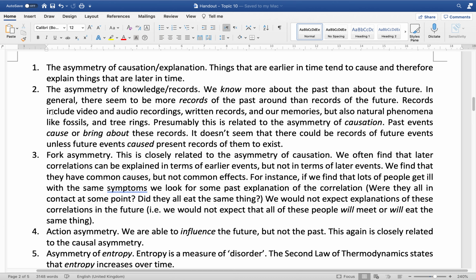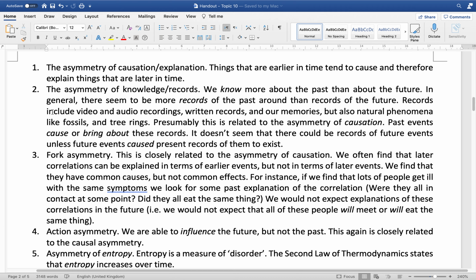These are all sorts of records that we have of the past, but we don't seem to have anything like such extensive records, if indeed we have any records of the future. And presumably this asymmetry of records accounts for the asymmetry of knowledge, the fact that we know more about the past than the future.